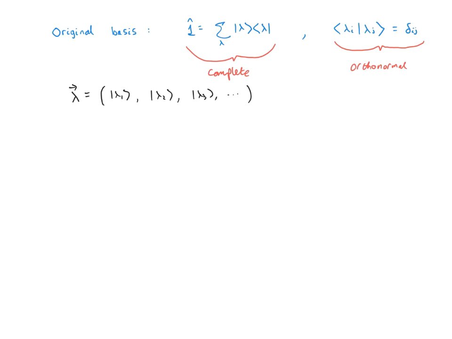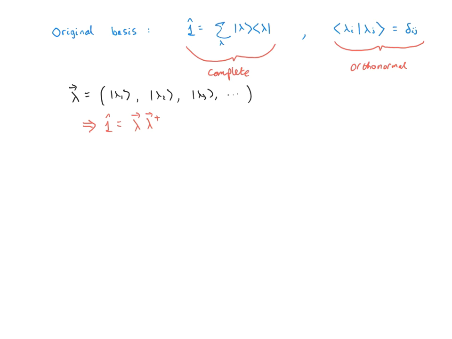We can write the completeness condition in the following compact way. If I form this product, a matrix product of lambda and lambda dagger, then indeed I get the sum of all of these projectors.